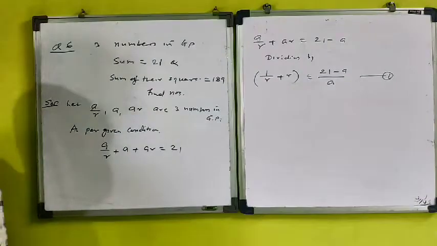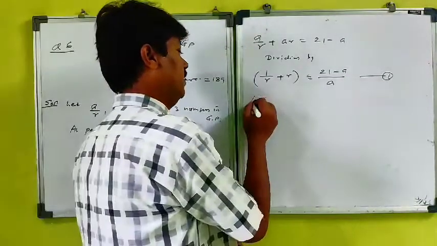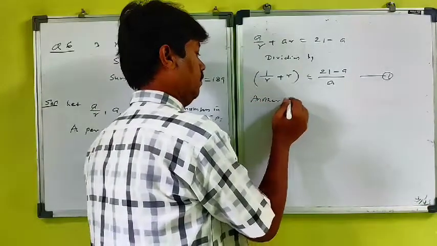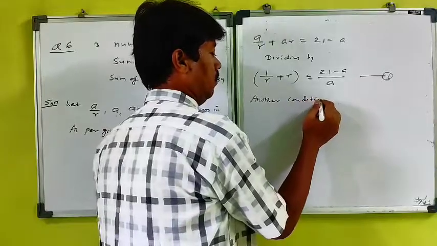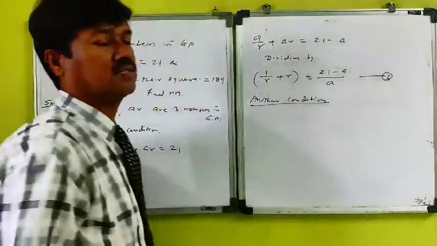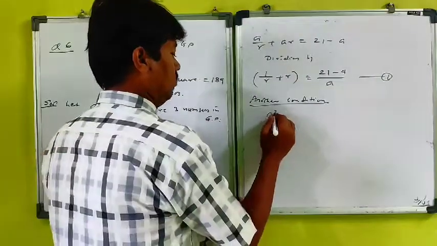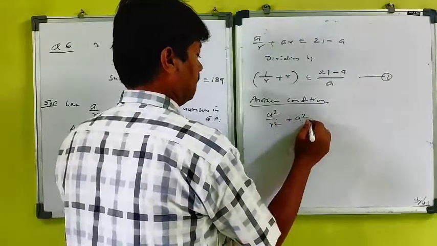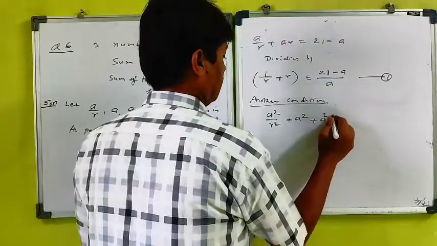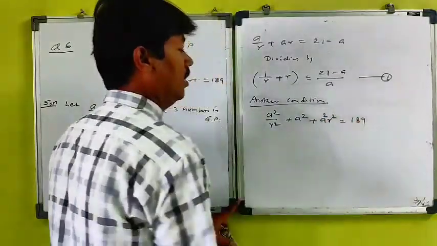And next, another condition is given. What is the other condition given here? Sum of the squares is 189.